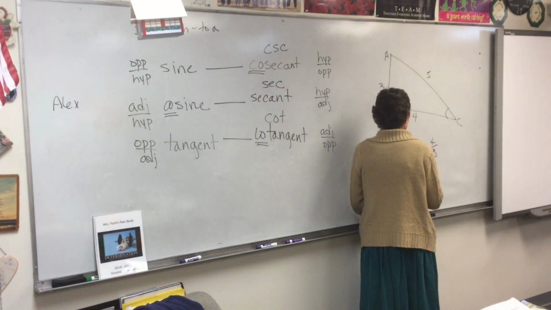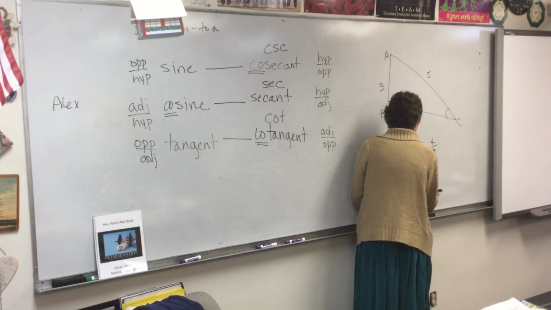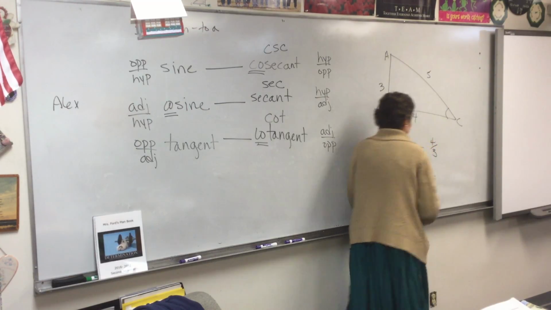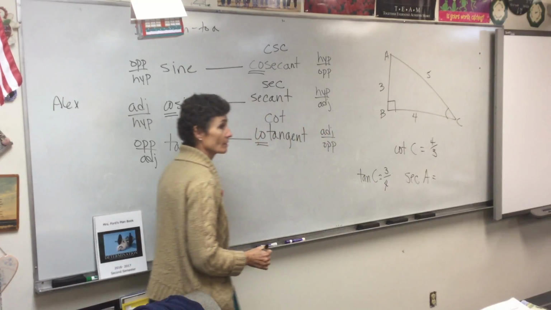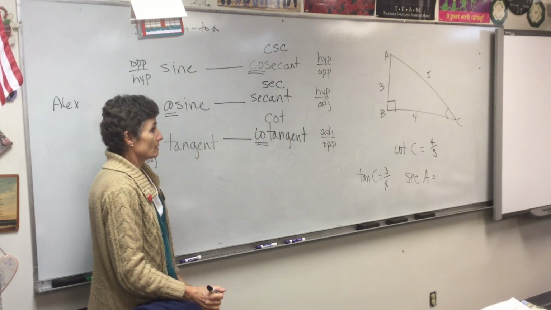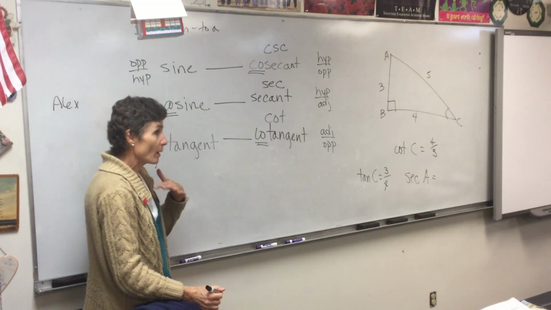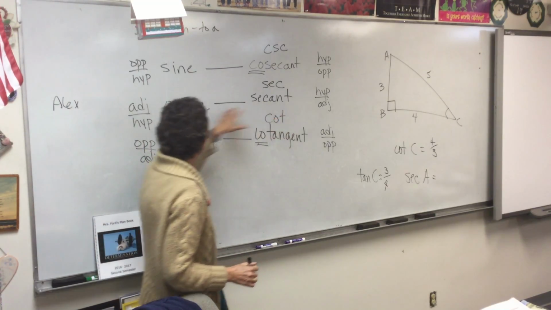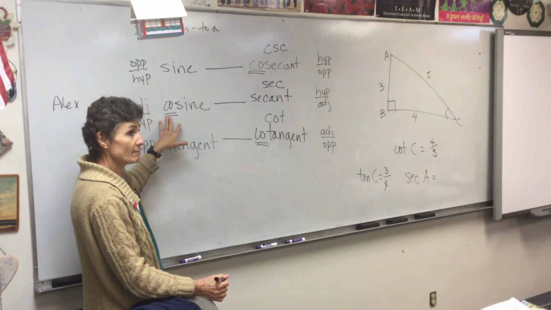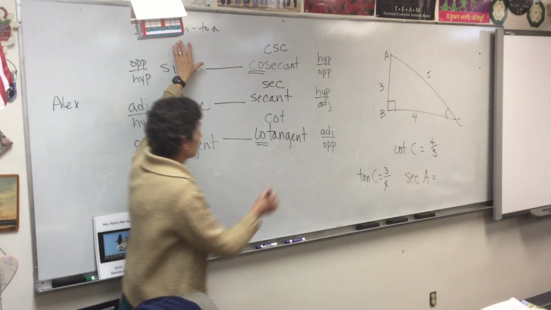Let's try another one here. What's the secant of angle A? Well, the way I'll do it is, I won't do secant, I'll do cosine. What's cosine of angle A?